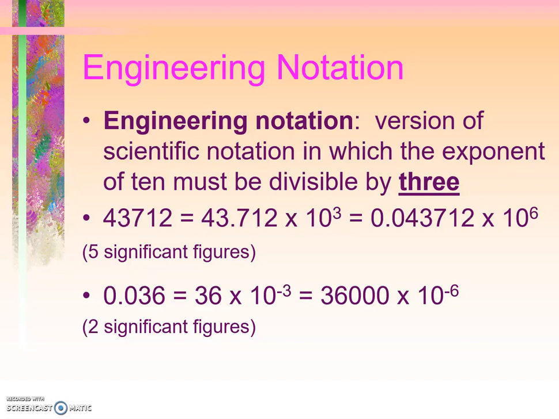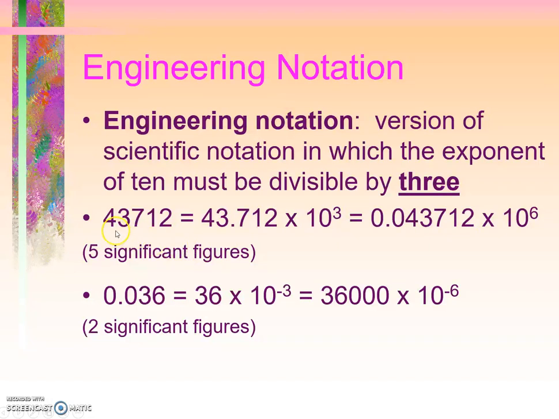So those work because they are factors of 3. So each of these exponents must be divisible by 3 in order to make it engineering notation. But you still always want to include only the significant digits in your answer.